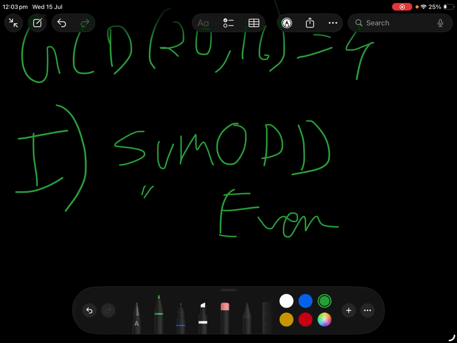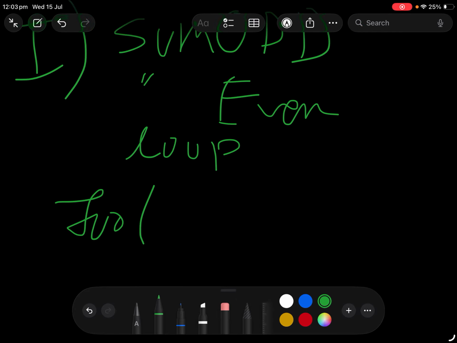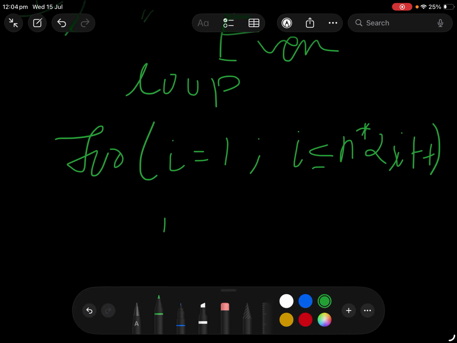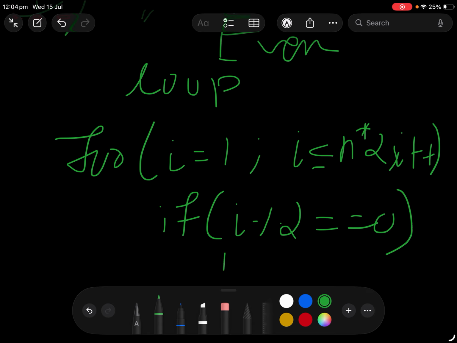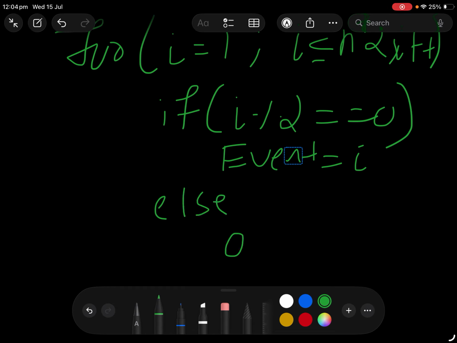What we can do is, for i equal to 1 to n times 2, we can apply this loop and use this condition: if i mod 2 is 0, then add it in even, plus equal to i, and if it's not even, that means it's odd, so we'll add it in odd.